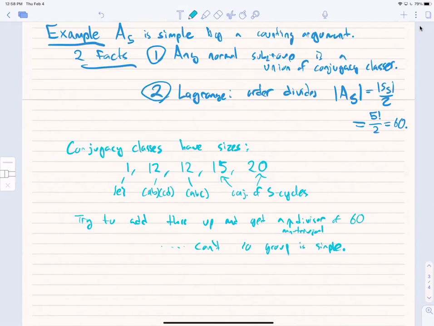But if they are a subgroup, then they'll be normal. Okay, now I'm just checking my math to make sure that's accurate. But it really looks like you can't add these together in any way to get a divisor of 60. So that's our first example of a simple, first non-abelian example of a simple group.